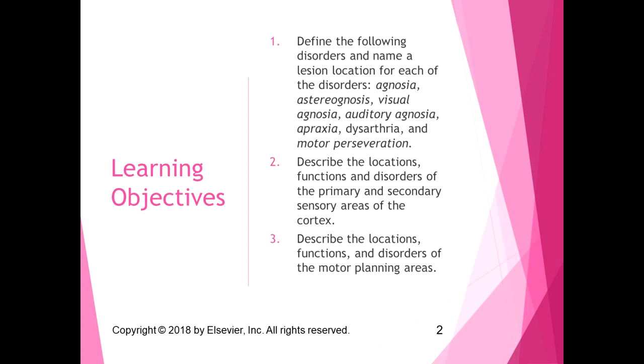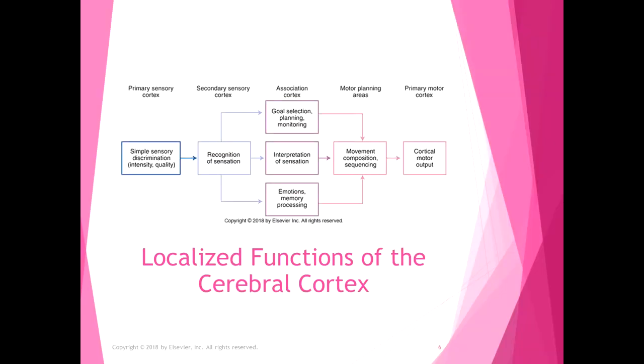So we talked about the locations, functions, and disorders of the primary and secondary sensory areas of the cortex, and now we're going to describe the locations, functions, and disorders of the motor planning areas. So back to the localized functions of the cerebral cortex. We talked about the left half of this chart, the primary and secondary sensory cortices and the effects of lesions in those.